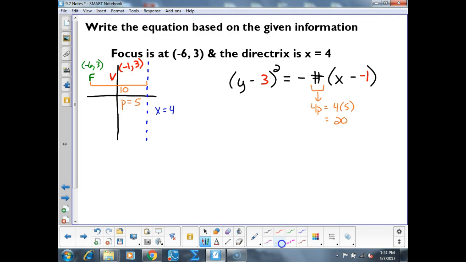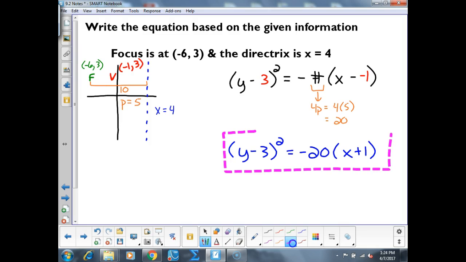So my equation then would be y minus 3, quantity squared, equals -20 times x plus 1. Okay?